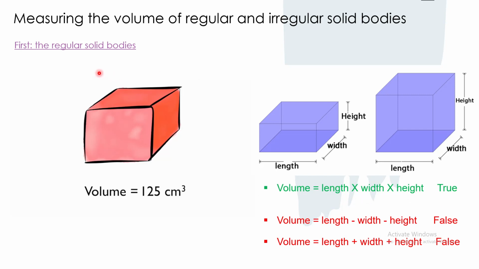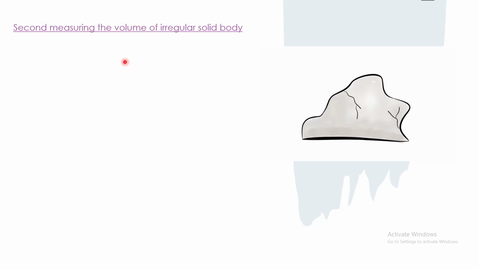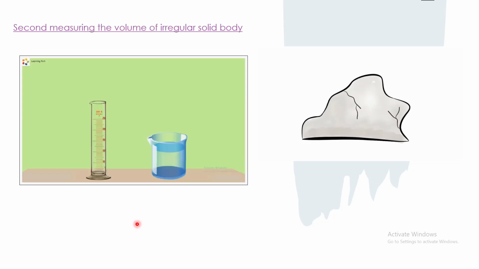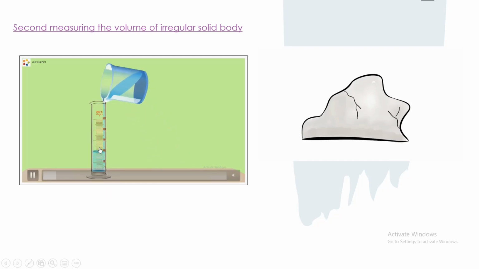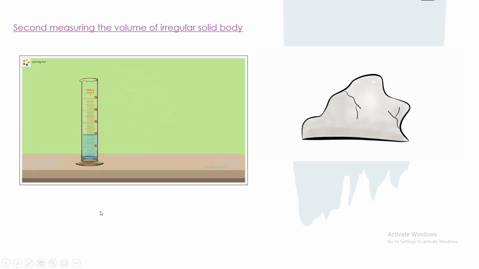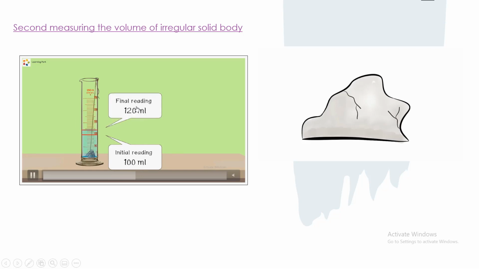Okay, now moving to the second volume measuring, which is measuring the volume of irregular solid bodies. Let's take a look at this video and understand how we could measure the volume of an irregular solid body by pouring some water in the cylinder and recording the first reading, the initial reading before we put the rock, which is 100 milliliters, and recording the final reading after putting the rock, which is 120 milliliters.